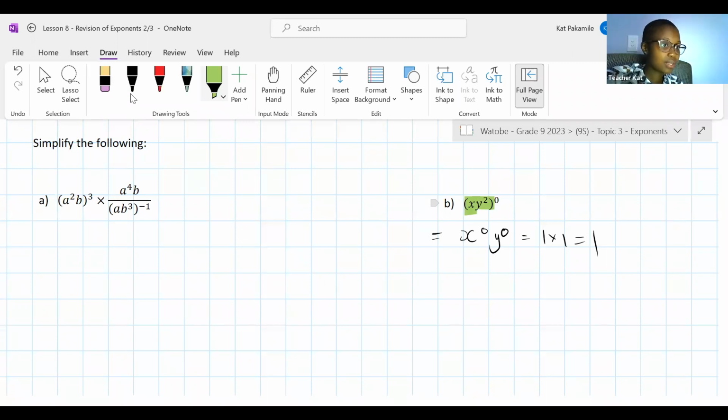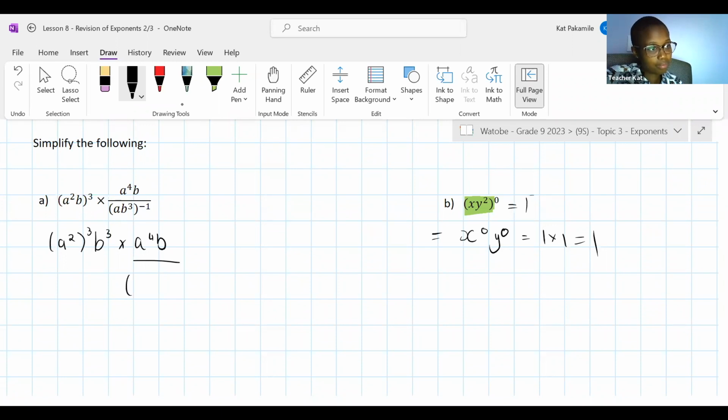Pabhedi, are you going to do A with me? Yes, ma'am. Let's do it. Ma'am, I used multiplication. I said bracket A squared bracket to the power of 3, B to the power of 3 multiplied by A to the power of 4 B, divided by bracket AB to the power of 3 bracket to the power of -1.